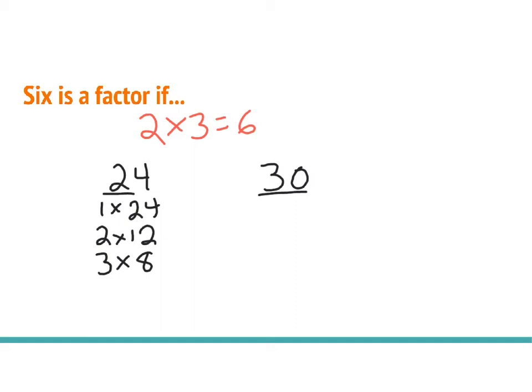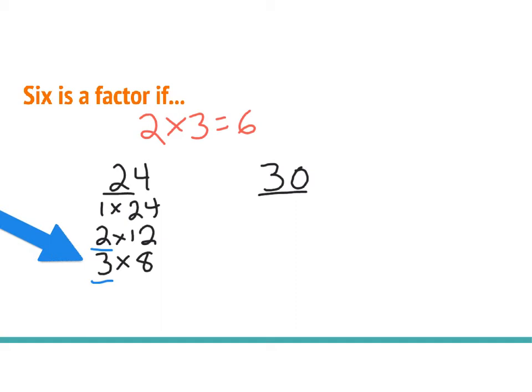And because it has both 2 and 3 as a factor, we know for sure with both 2 and 3 as factors, this number is going to have 6 as a factor. It's a given. It's going to happen.